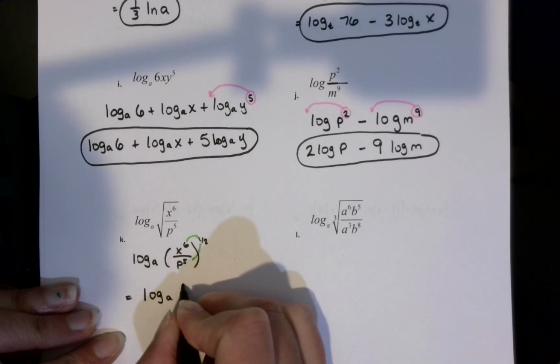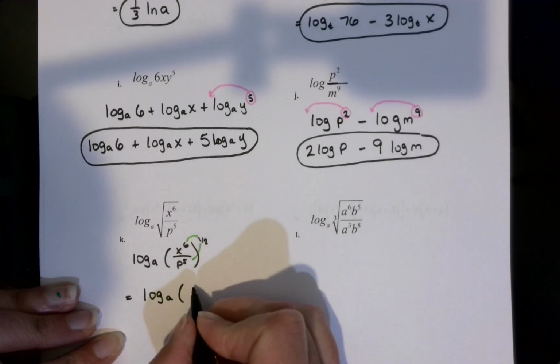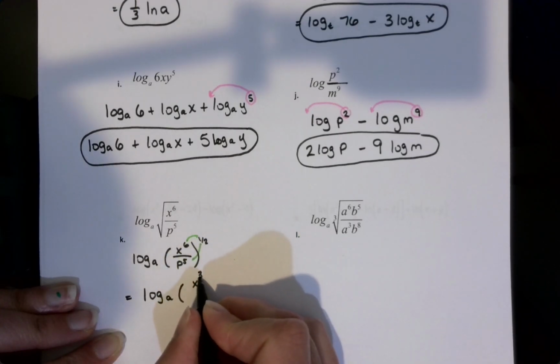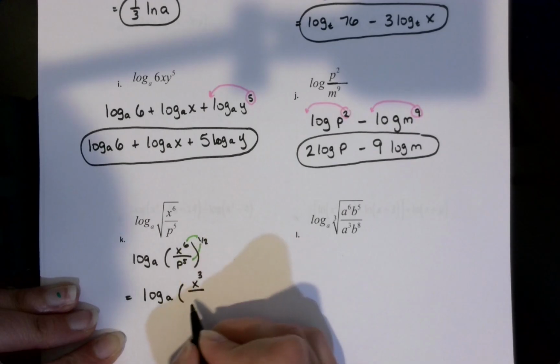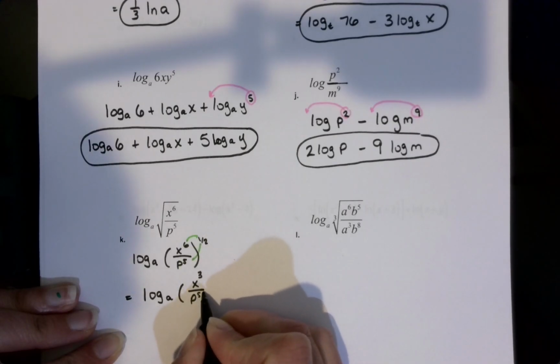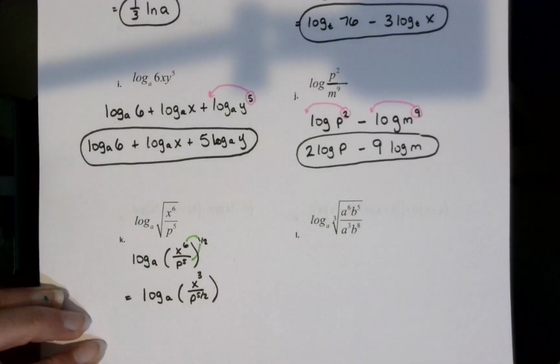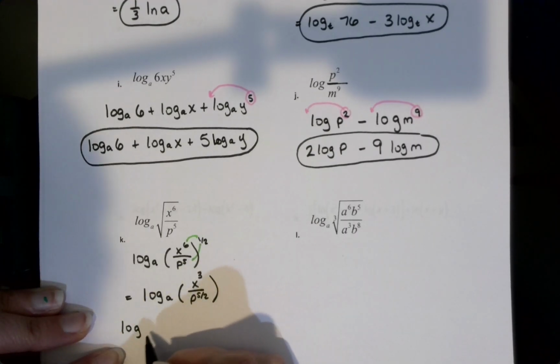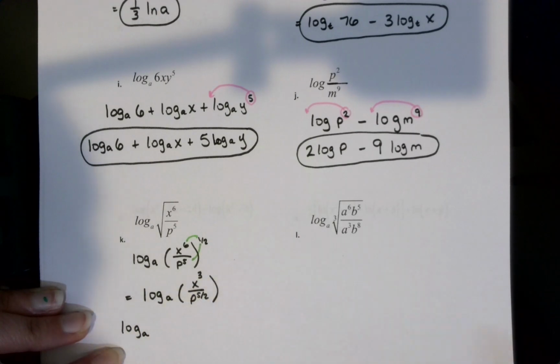And I'll have this quotient simplified as, see, x to the 6th to the 1/2 will be x to the 3rd, over p to the 5th to the 1/2 will be p to the 5/2. We're going to separate that quotient into subtraction.